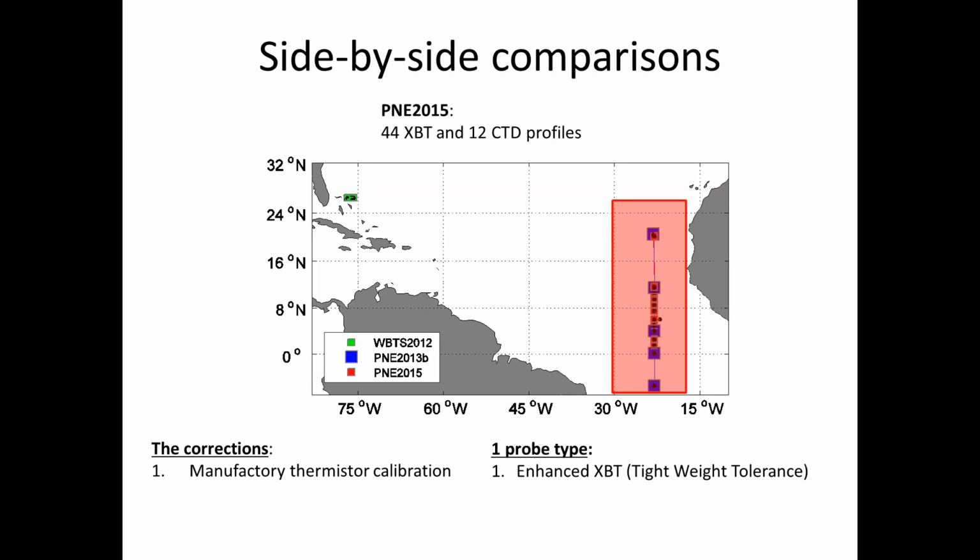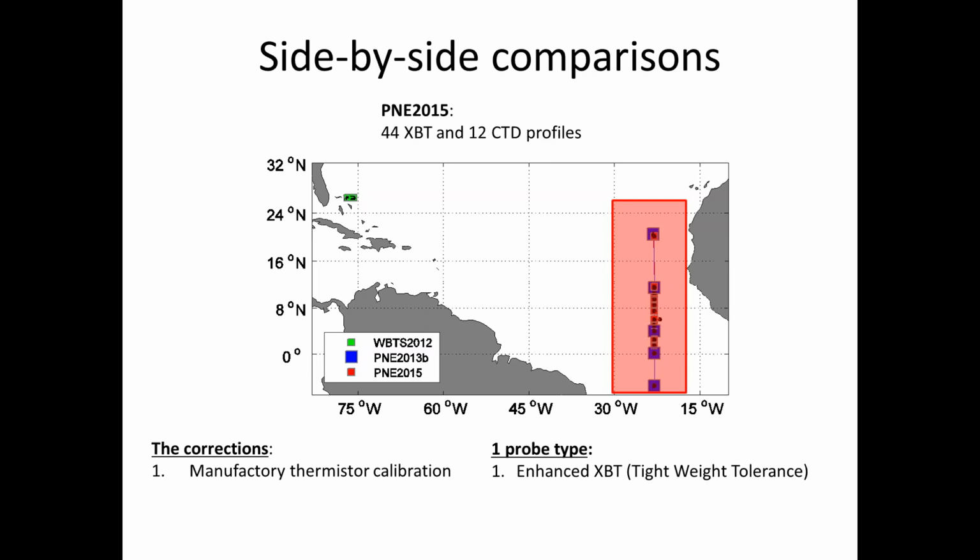And in the third cruise, in 2015, we deployed 44 XBTs. Just one type, which we call the enhanced XBT. That is basically the tight weight tolerance, and we apply the thermistor calibration, which you will see is the best one that performs over our experiments.